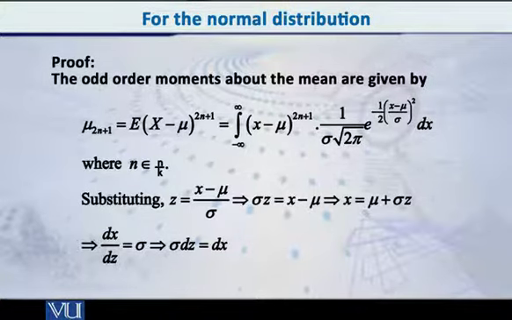So for example, in fact n can also be 0. अगर आप इसमें पहले n को 0 रखें तो 2n plus 1 क्या होगा? 2 into 0 plus 1 यानी 0 plus 1 यानी 1. So mu 1. हम इस वक्त odd order moment चाह रहे हैं, तो हमें mu 1, mu 3, mu 5 यही चाहिए. So अभी देखिए कि अगर n 0 हो तो 2n plus 1 is 1.